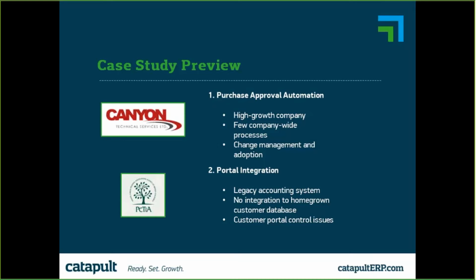And when we went in to visit Canyon, they're a high growth company, but they had started from some grassroots, so they were not as mature from a process and procedure standpoint as a lot of organizations of their size at this point. So they realized that, and they wanted to bring in some purchase approval automation.